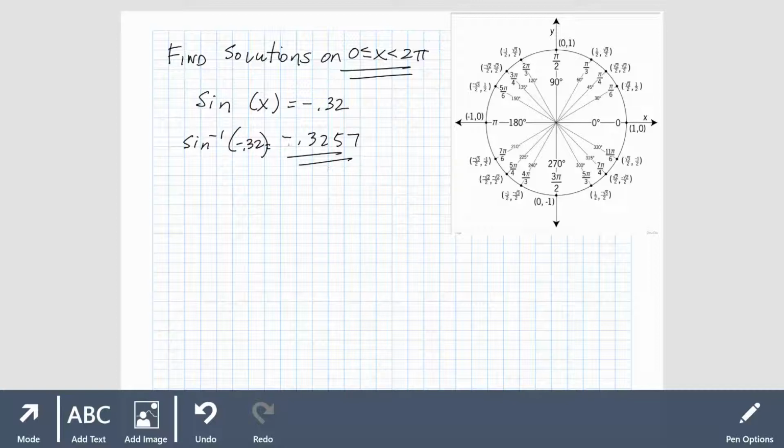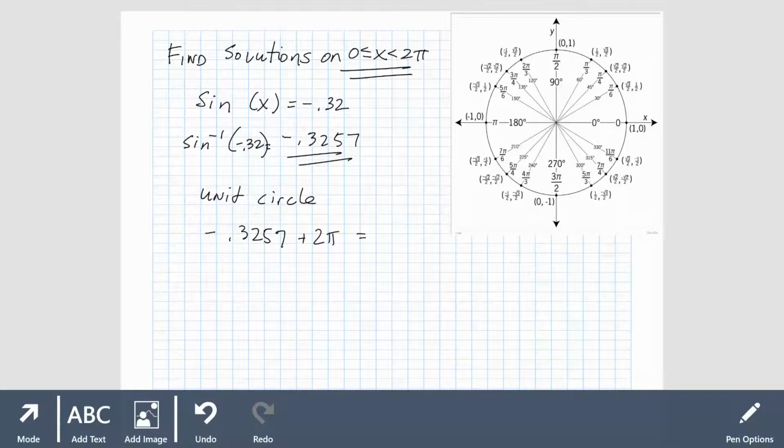Anytime that you have one answer, we can always find a coterminal value by adding or subtracting 2 pi. In this case, because we're negative, we want to add 2 pi to end up getting positive. So within the unit circle, we can get our first value by taking that negative 0.3257 and adding 2 pi. That'll give us our value within the full unit circle.